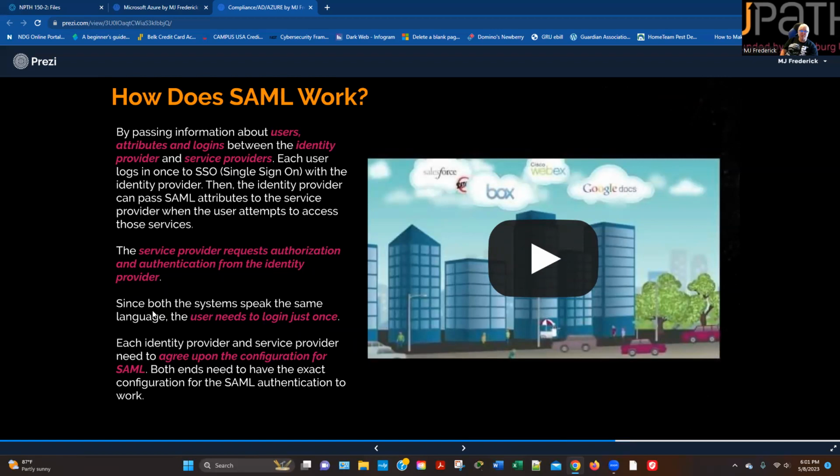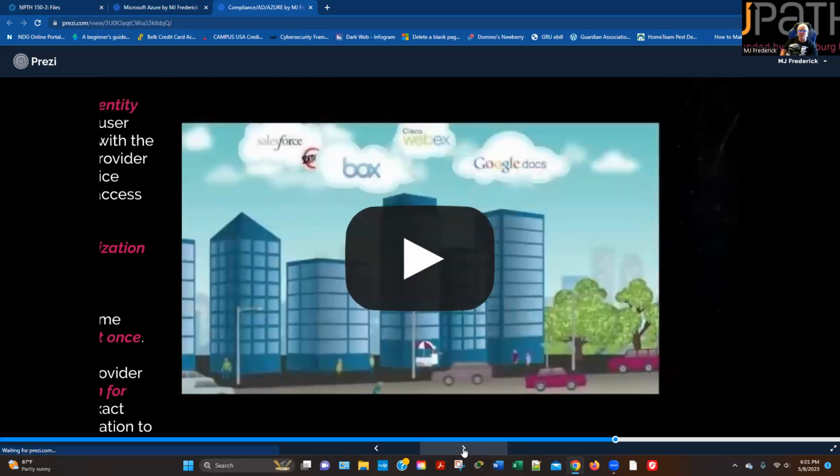Since both systems speak the same language, the user just needs to log in once. And each identity provider and service provider need to agree upon how the configuration is going to be set up for the SAML. Both ends need to have the exact same configuration for the authentication to work. And there's a video here that shows you how that works. And it's not very long.